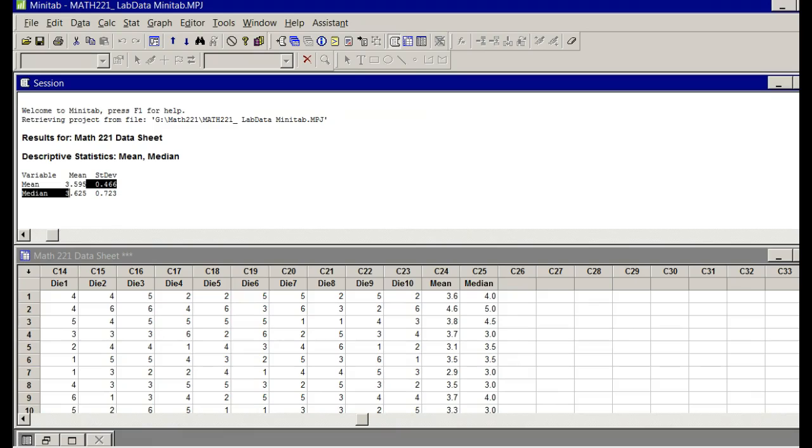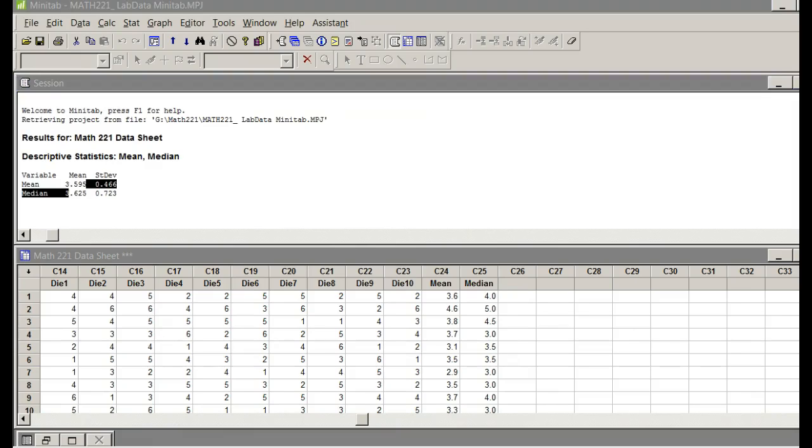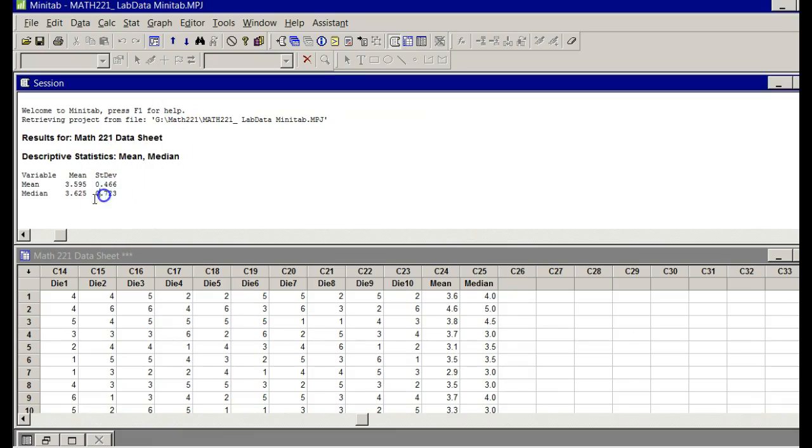The mean of means is, so the answer would be yes. Then number 4 wants the mean of the medians. The mean of my medians is 3.625. I would type that in, and they ask, is this centered around the parameter of interest? No, it's not. The median is going to go high on this because of where it's mathematically located, but the mean of means will be generally centered around the parameter of interest. The mean of the medians will not.